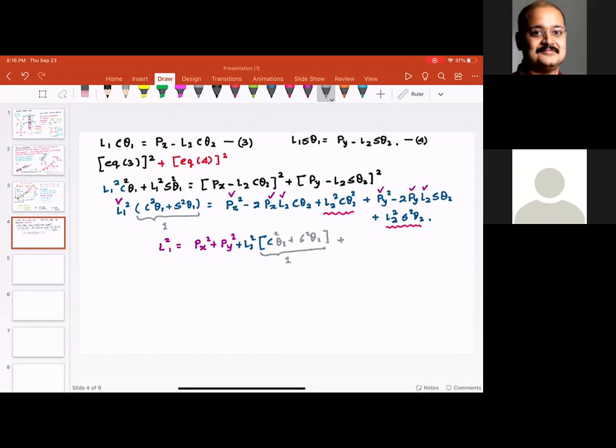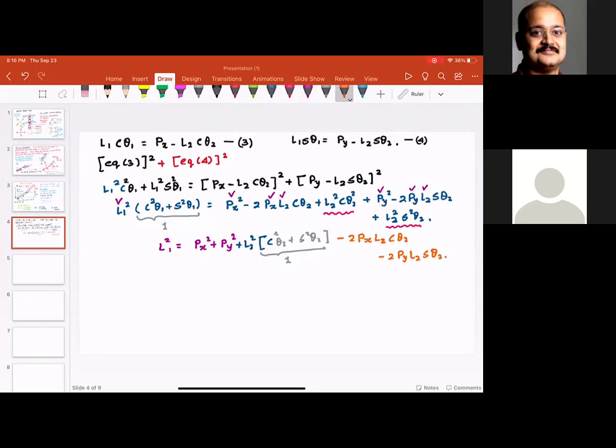But the problem is I have these two terms, and I will write these down here. So they become minus 2 px L2 cosine theta 2 minus 2 py L2 sine theta 2.